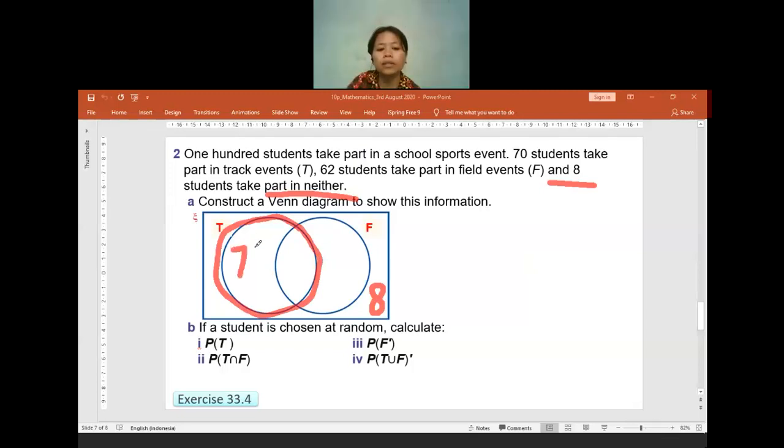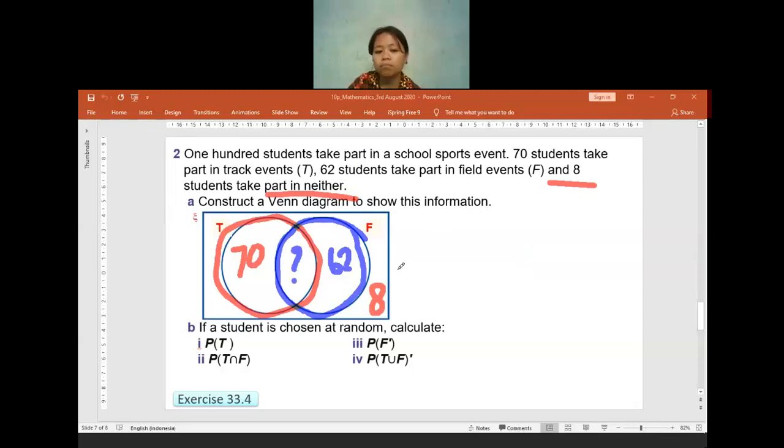It will be 70 if it is the full circle. Now for the field event also, we consider it as a full circle, and it will be 62. So can we find how many students take track and also field?